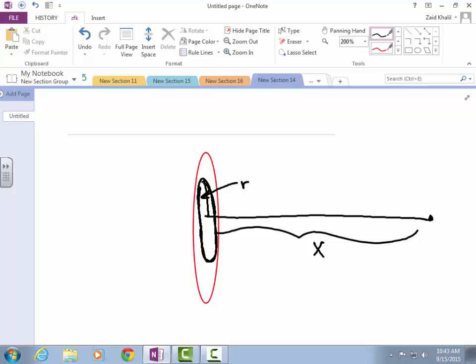So this is the hoop. This hoop is little r away from the center. It has a width of dr. So now, what do we know about the electric field that's generated from that element?